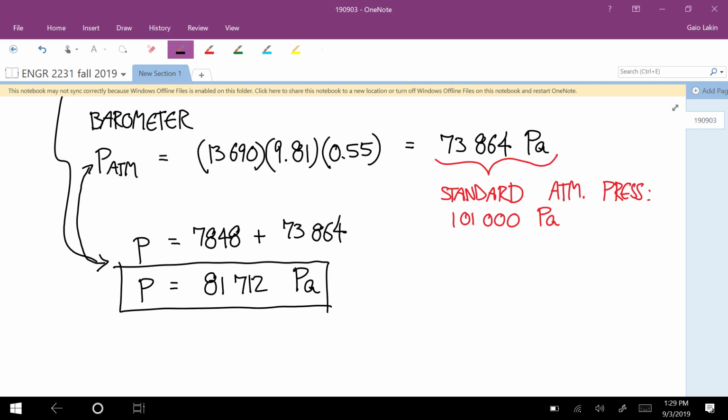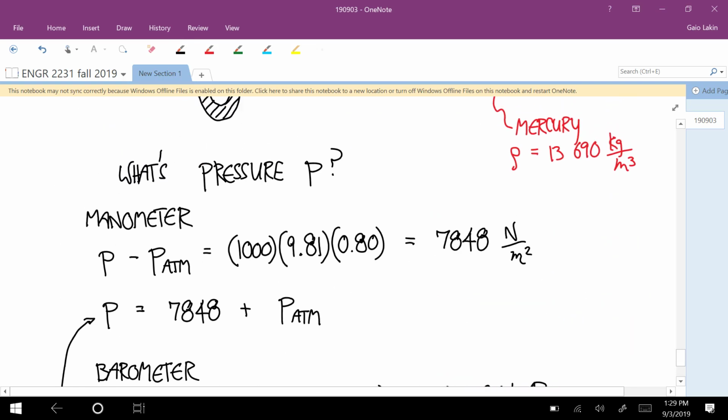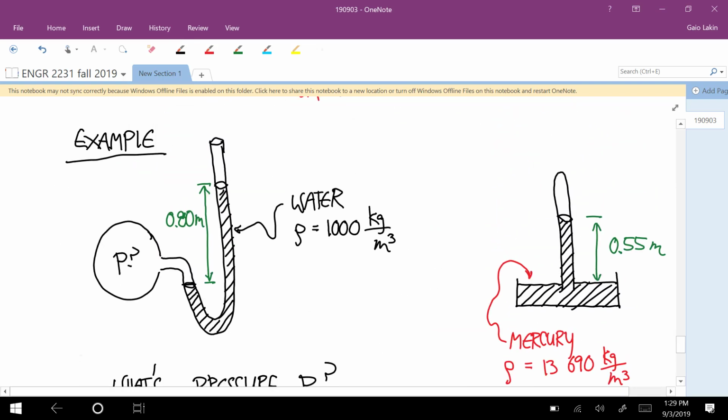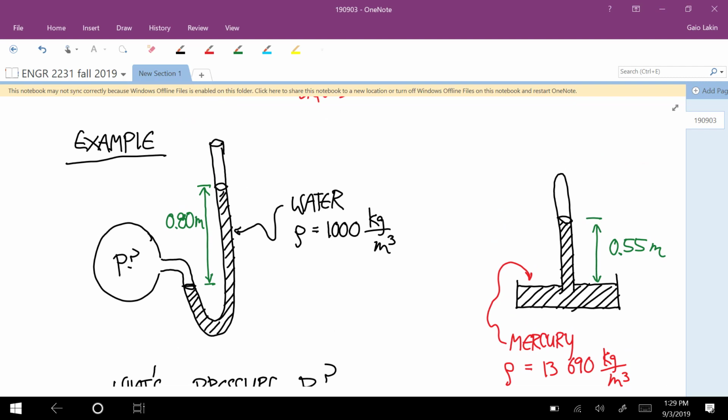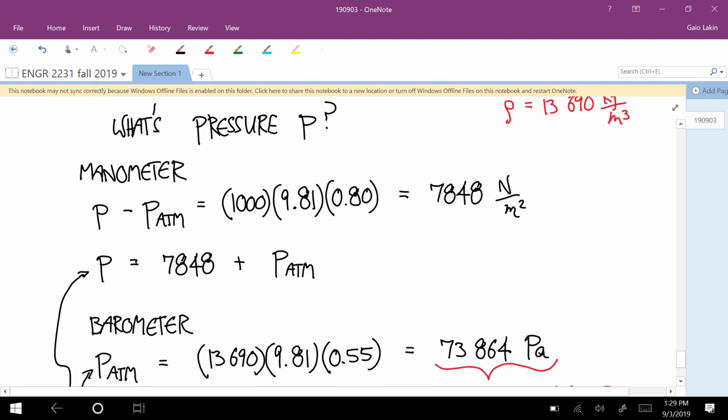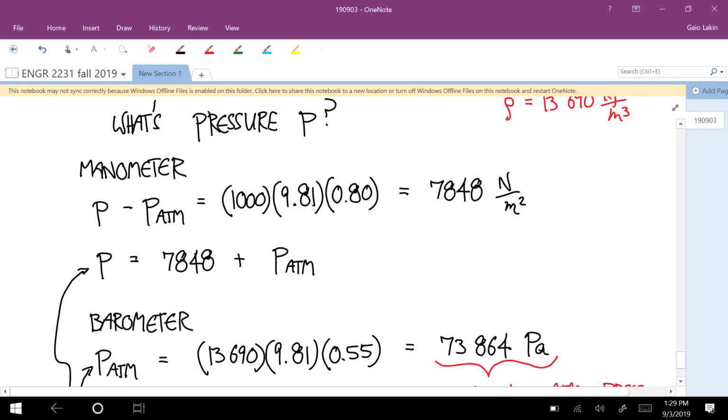So that total there, that's the total pressure for both the manometer and the barometer? It seems like they're two different figures. Yeah, that is just this pressure P in the manometer. So that's what we're trying to find, the pressure of that gas in that enclosure. But if you look at that manometer equation, it has the atmospheric pressure in it.